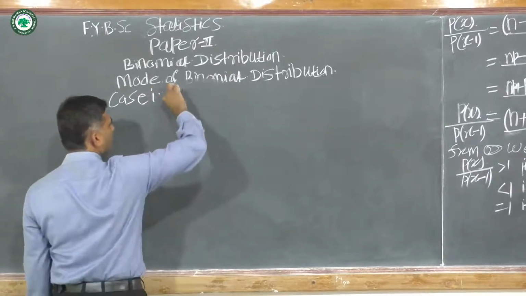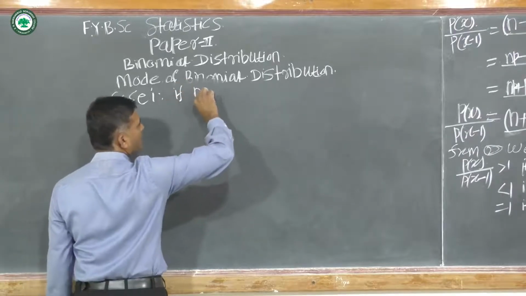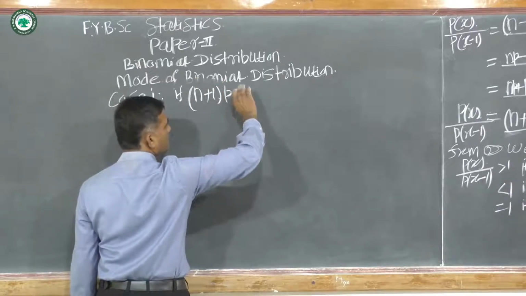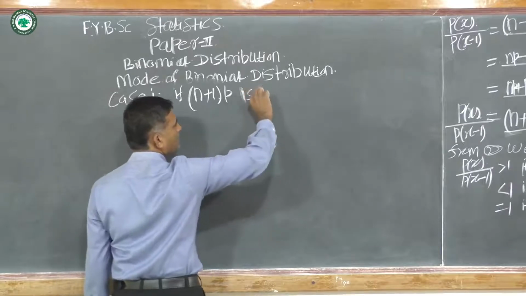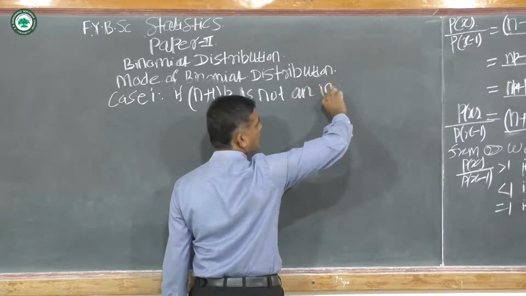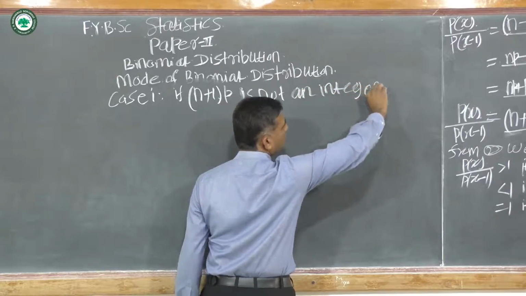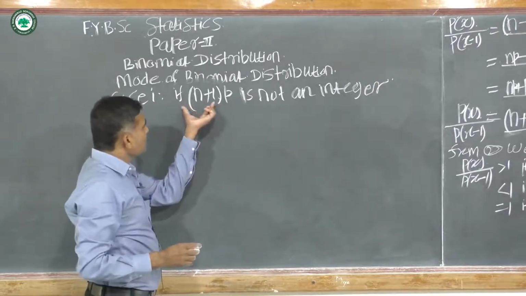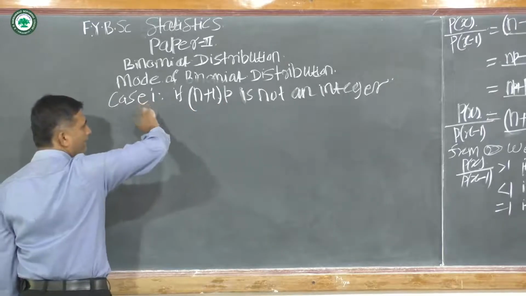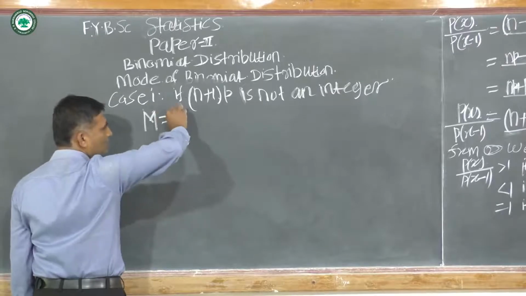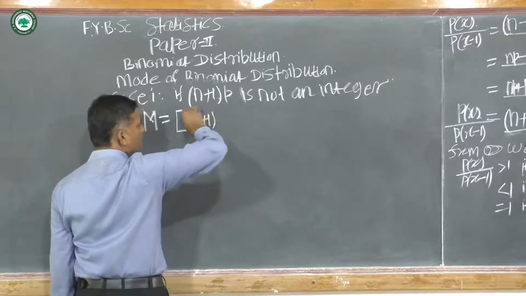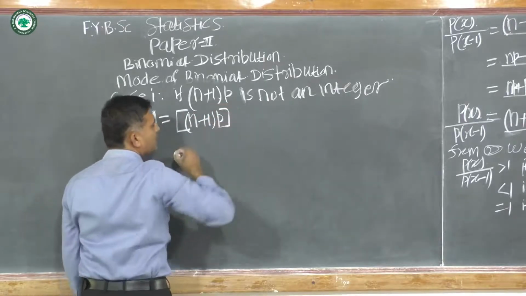If (n plus 1) into p is not an integer, in that case the mode m is equal to the floor of (n plus 1) into p.